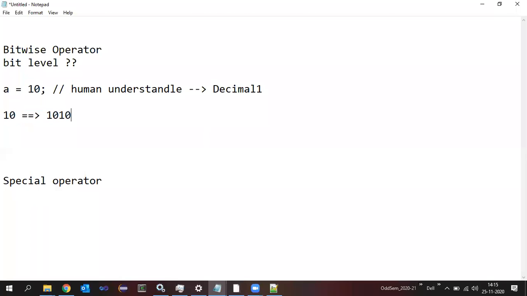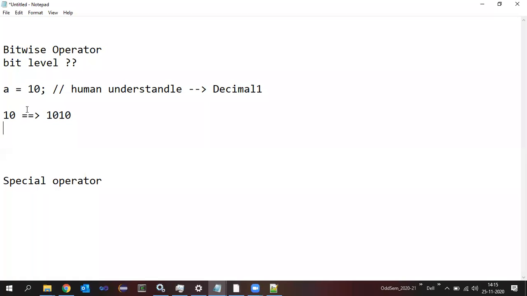Now, if we want to perform certain operations on the bit level, that is, operations on this 1010, then the supported operators in C programming are called bitwise operators. So in one line, we say that a bitwise operator operates on bit level.